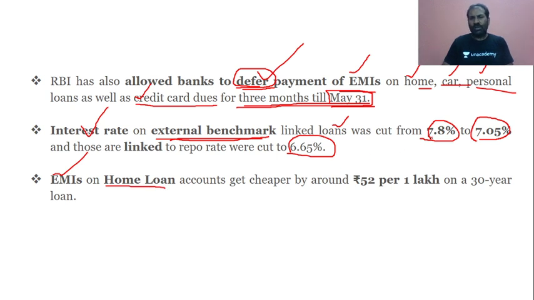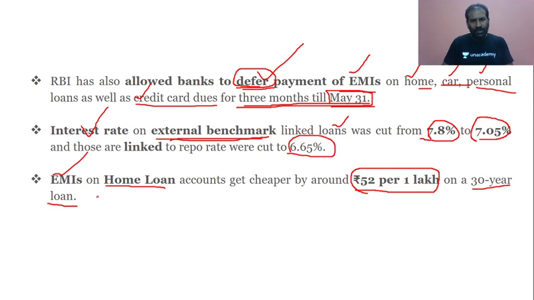Why? Because the drop from 7.8 to 7.05 percent makes it cheaper by 52 rupees per 1 lakh for those going ahead with home loans with a 30-year duration.